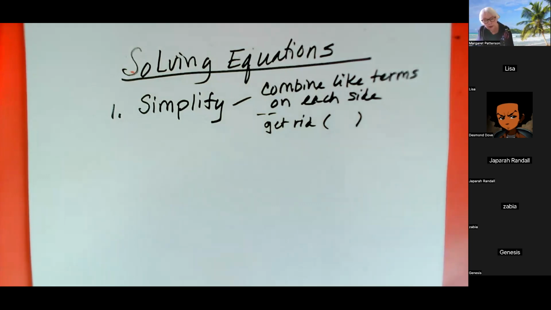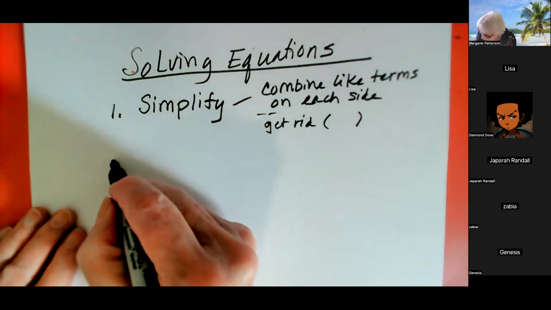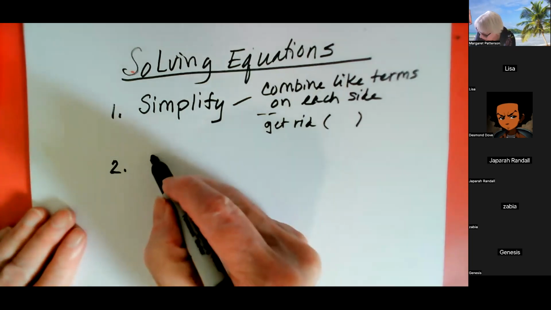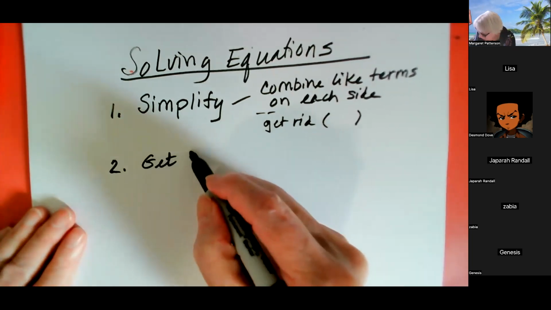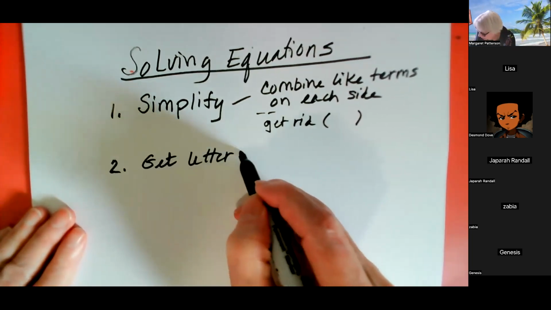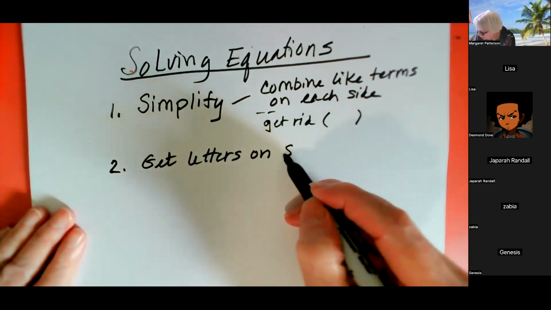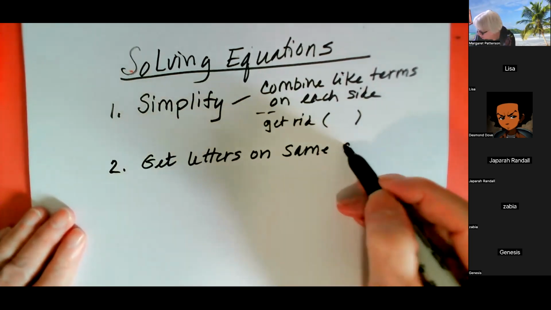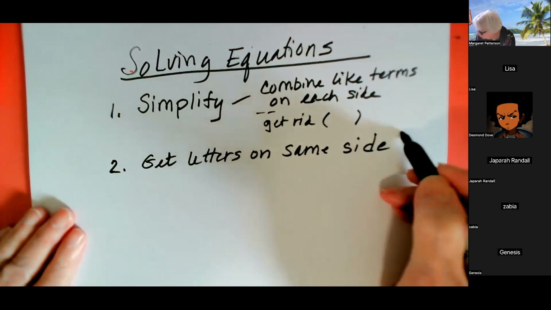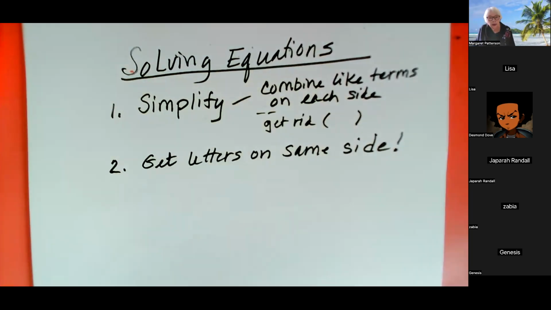Can you think of anything else? Okay. Step 2. Get the letters on the same side. That's what we've been doing, where the x was on the left and the x was on the right.